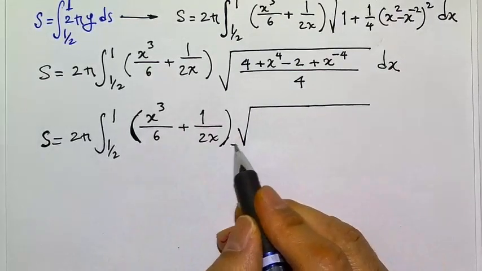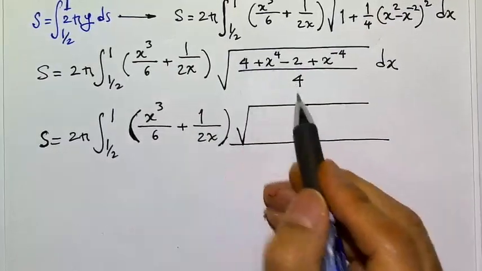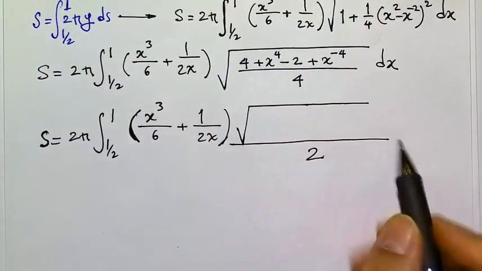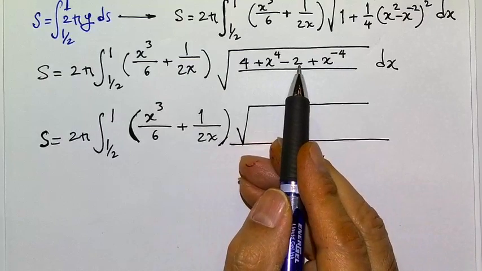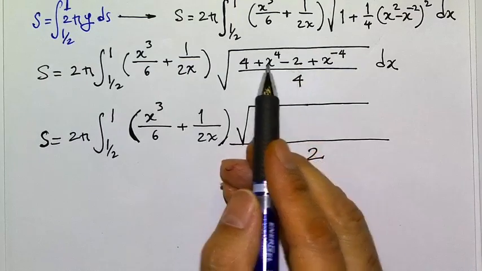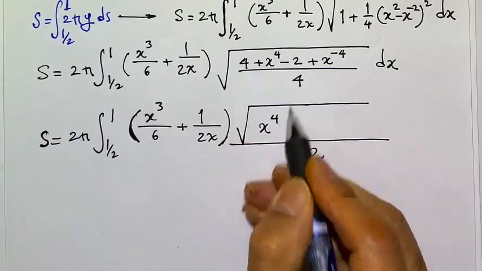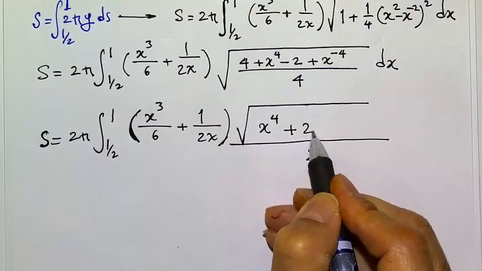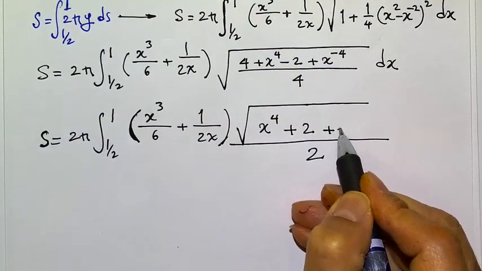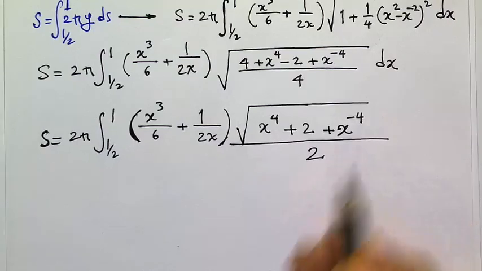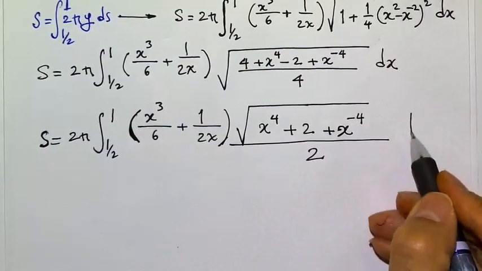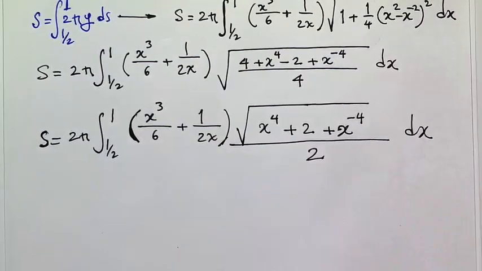So square root of 4 is just 2. 4 minus 2 is 2. And we get x to the 4th power plus 2 plus x to the minus 4 power. Okay, and of course dx.